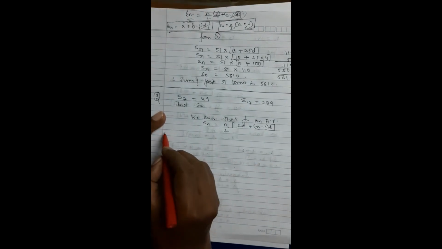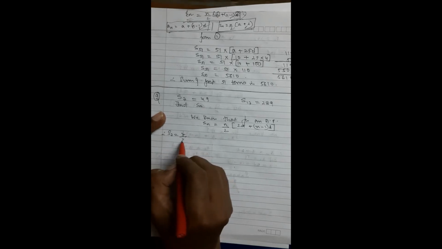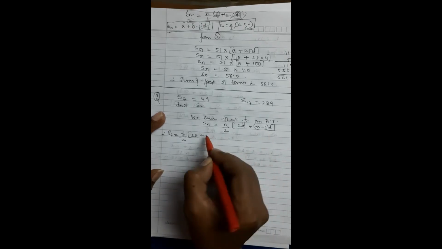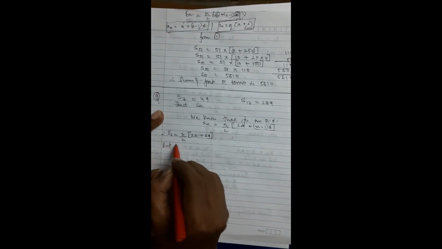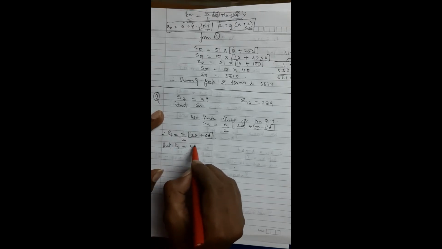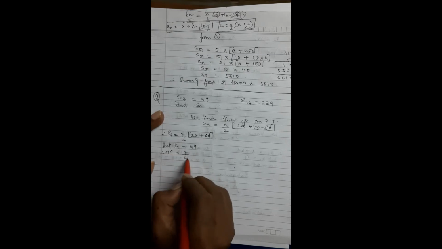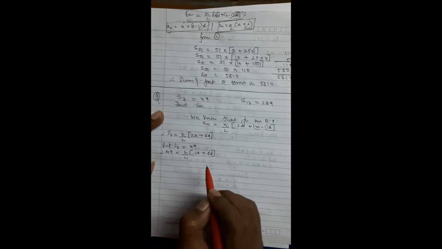So S7 is equal to 7 upon 2 into (2a plus (7 minus 1) d, that is 6d). But S7 is equal to 49. Therefore, 49 is equal to 7 upon 2 into (2a plus 6d).